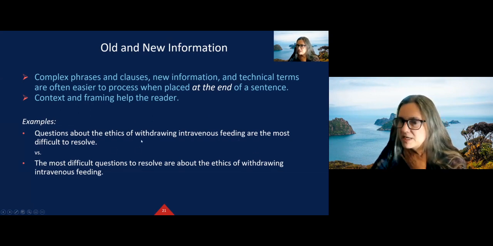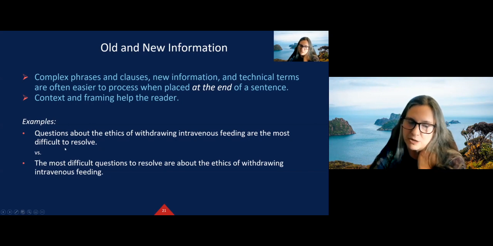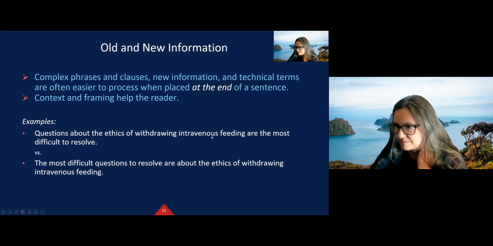Okay, so it's about intravenous feeding and withdrawing. Here's the context: difficulty in resolving these questions. By the time we get here, we remember this idea of something's difficult to resolve, but it's a little more distant what that thing is.